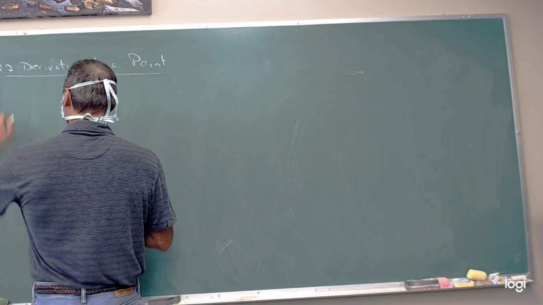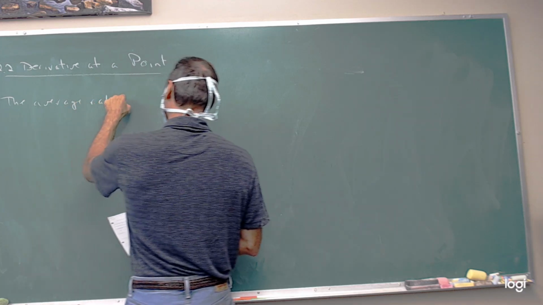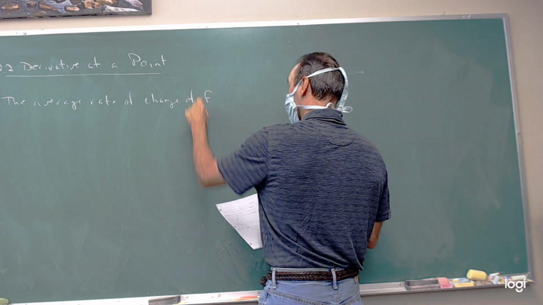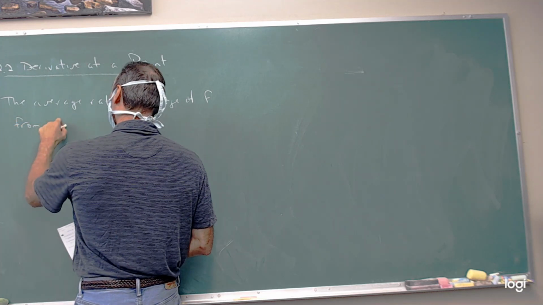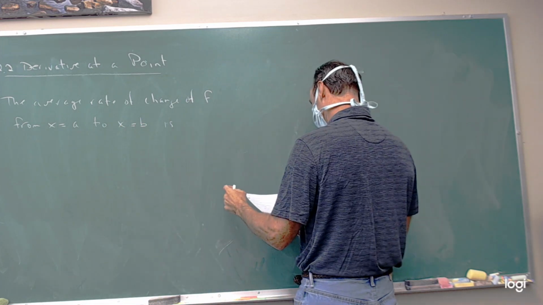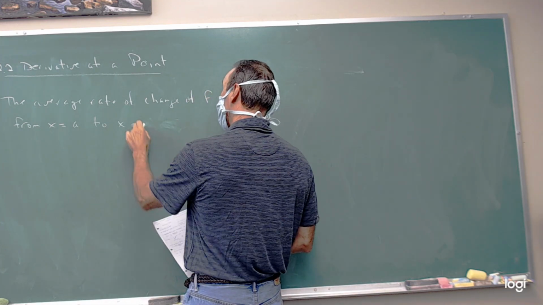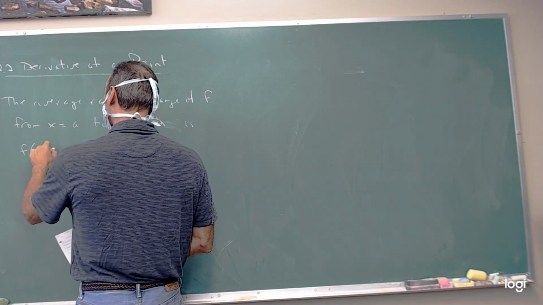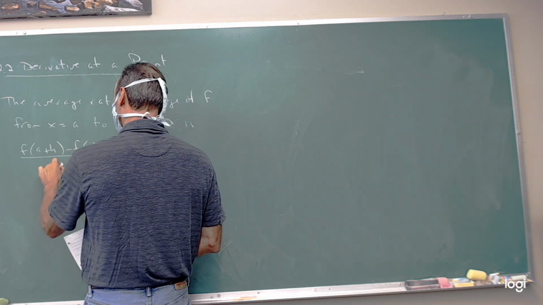So the average rate of change, we said again, of a function f, from x equals a to x equals a plus h, is f of a plus h minus f of a all over h.